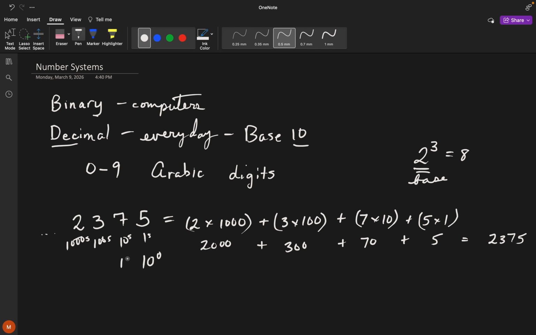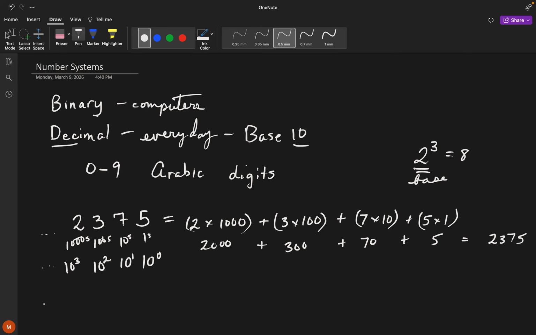Then, you might have guessed by now, this is 10 to the 1. 10 to the first power is equal to 10. So that's the tens place. Base 10 to the power of 2, or 10 squared, is 100. And 10 cubed, or 10 to the third power, is 1,000.